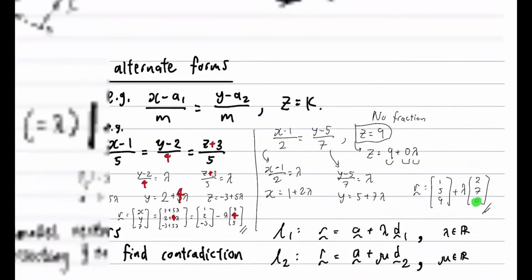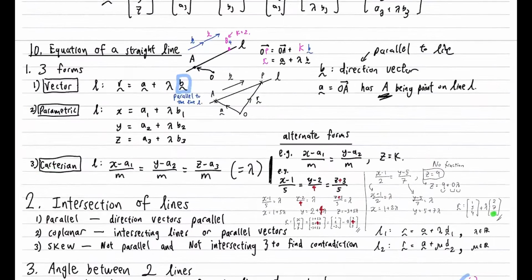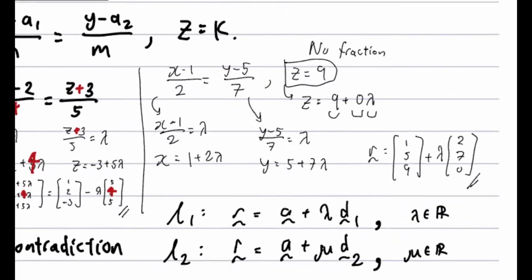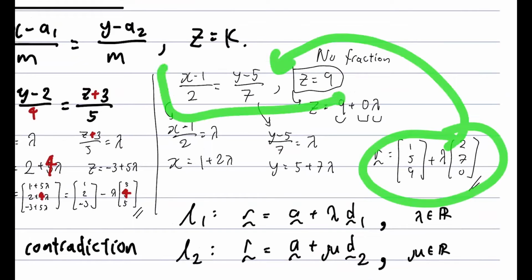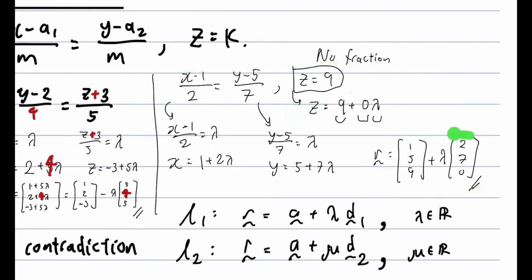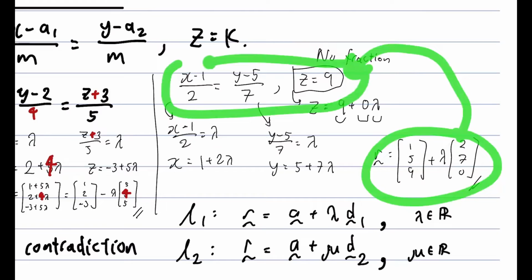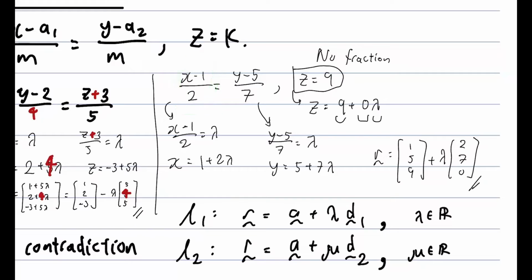Okay, that's converting from Cartesian into vector form, but you can also work backwards. Do you need me to show you the backwards one? Okay. So basically, how do you start from here and convert into this format? You can just do it in one line. X minus away 1, see, how do you get x minus 1 over 2? 1 here, 2 here.